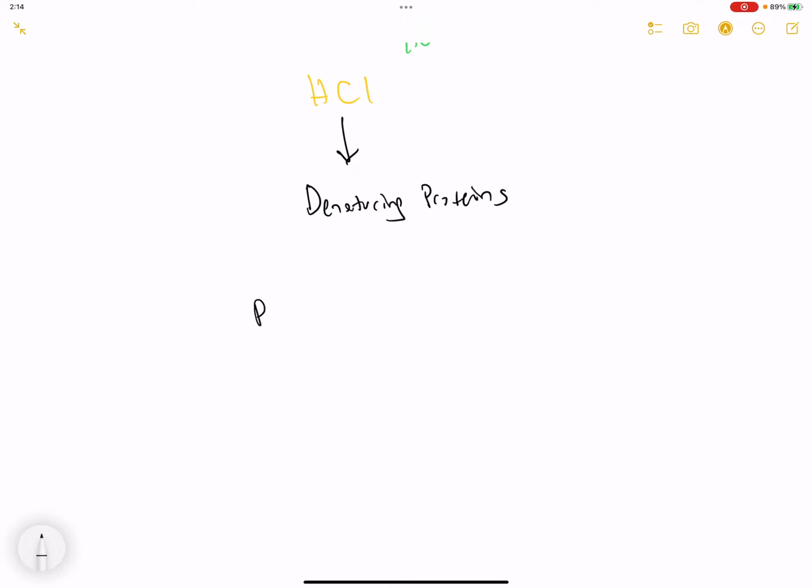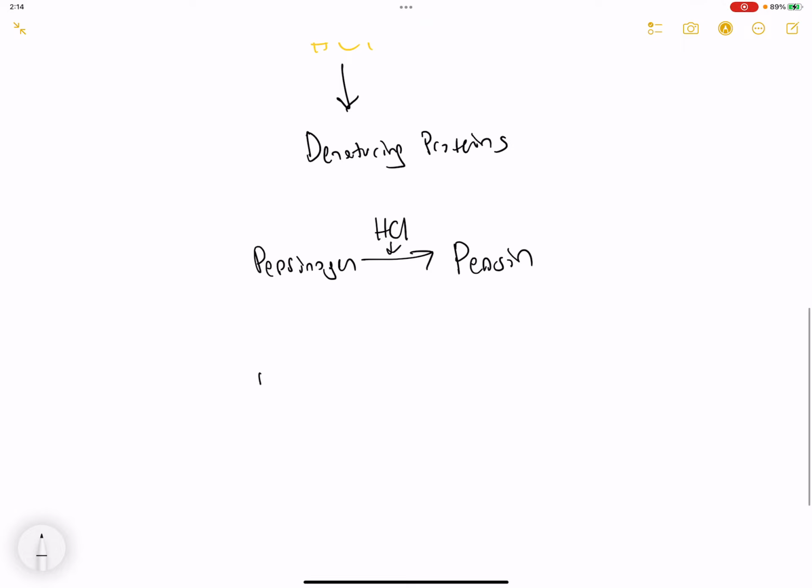So once HCl increases the acidity of the stomach, it is going to convert pepsinogen into pepsin. And pepsin is going to be the enzyme that is going to be responsible for breaking down proteins into amino acids.